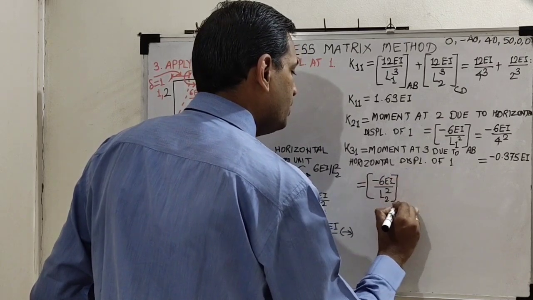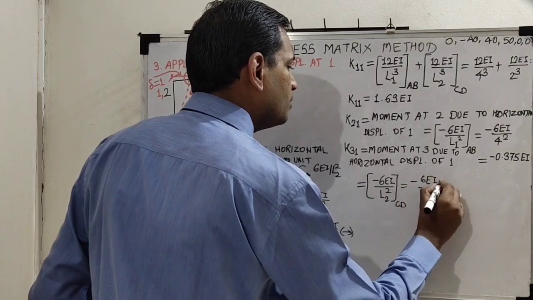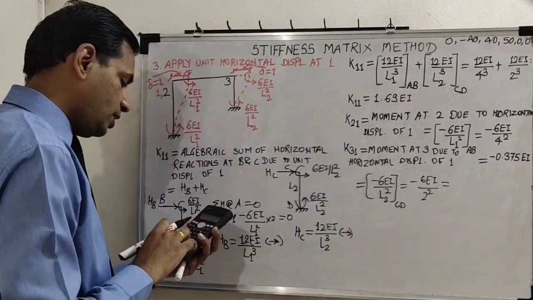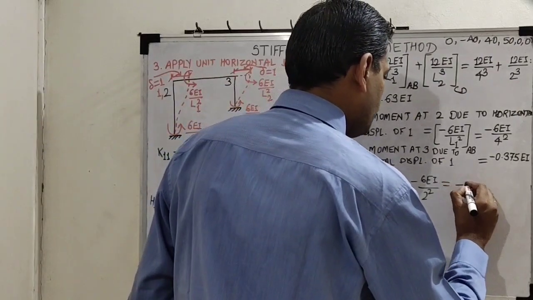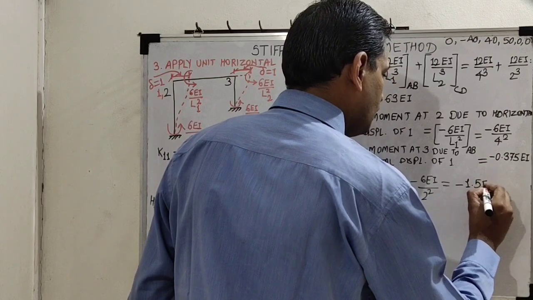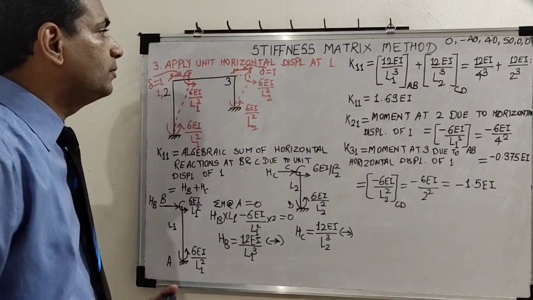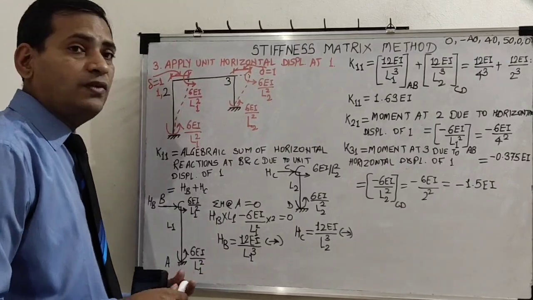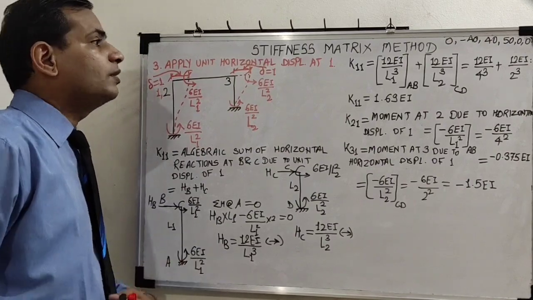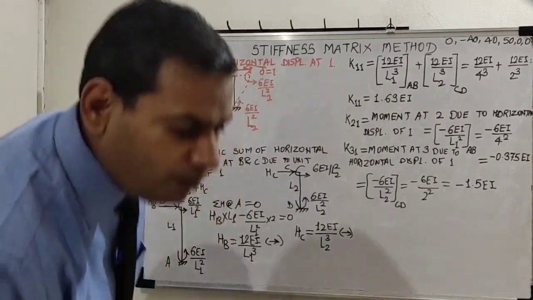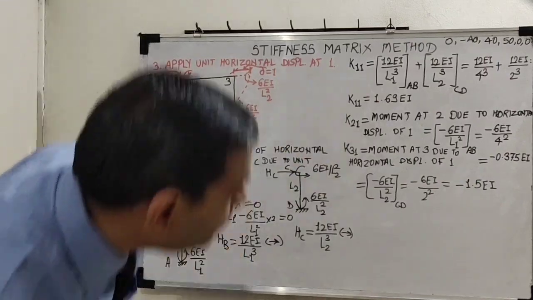L2 is the height of CD. So minus 6EI upon 2 square. So minus 6 by 4. It has to be 1.5. So minus 1.5EI. Okay. So we have got 3 elements of the stiffness matrix. Next, we will take our second unknown. We will make it 1 and again we will find 3 more elements. So let us do it.